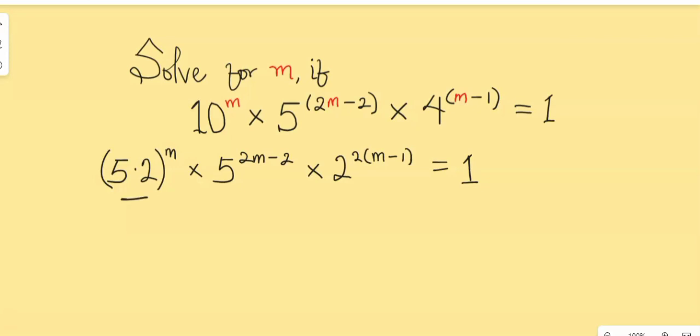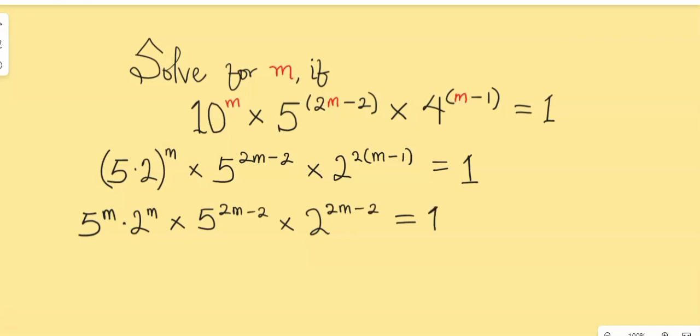So let's expand this. Since this power is common to 5 and 2, we can have 5 raised to the power of m multiplied by 2 raised to the power of m, then multiplied by 5 raised to the power of 2m minus 2 multiplied by 2 raised to the power of 2m minus 2. Let's open the bracket, so we shall have 2 raised to the power of 2m minus 2, everything equal to 1.